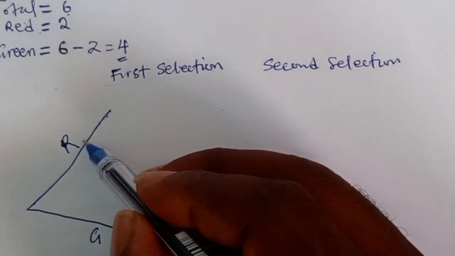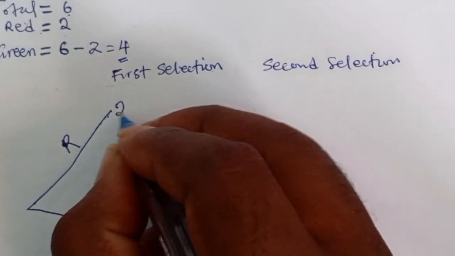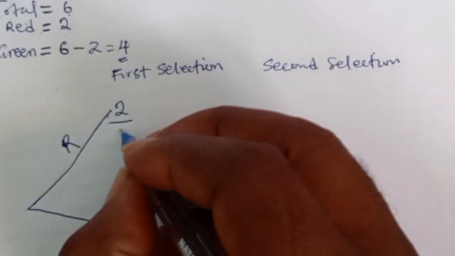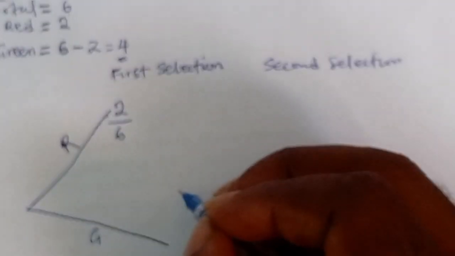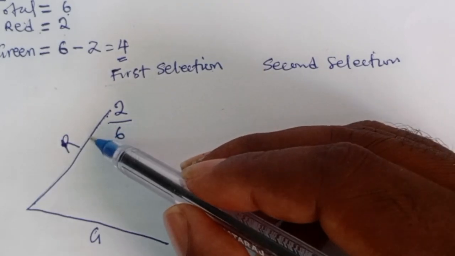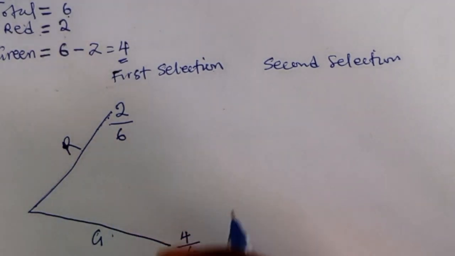So the successful outcome of red is 2, divided by the total possible outcome, which is 6. So it will be 2 over 6. Suppose in the first selection I've not picked red, I've picked green. The probability of picking green, there are 4 green beads divided by total number of beads, which is 6. So this is the first selection.